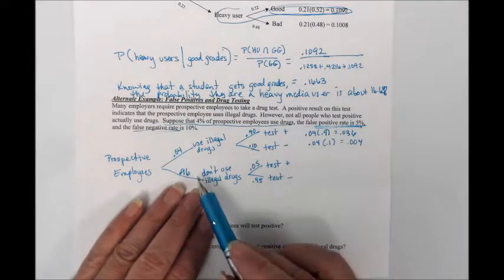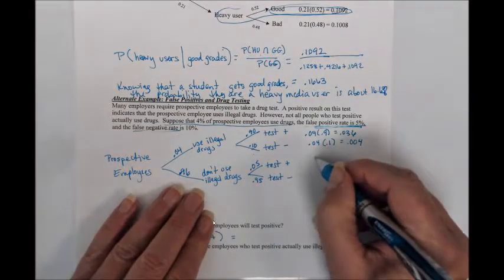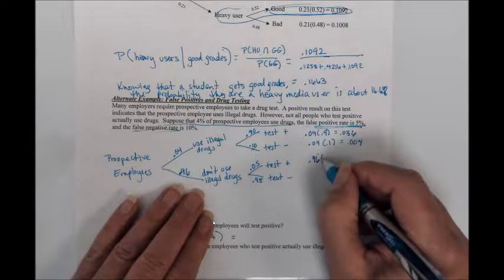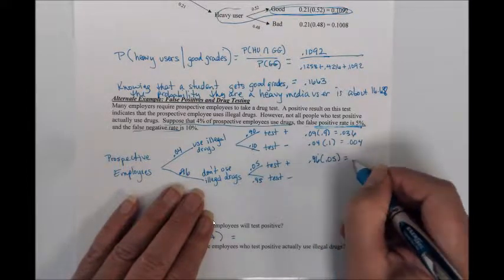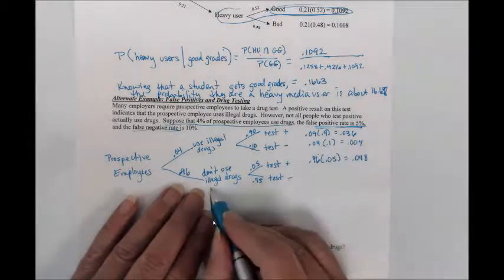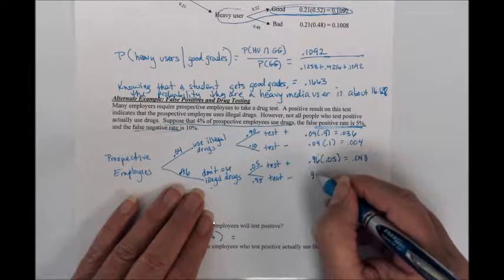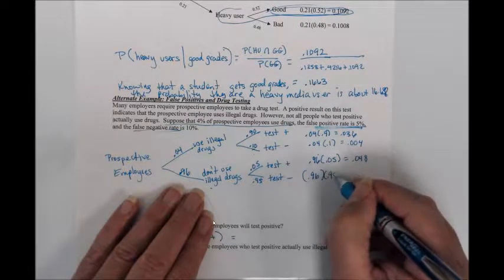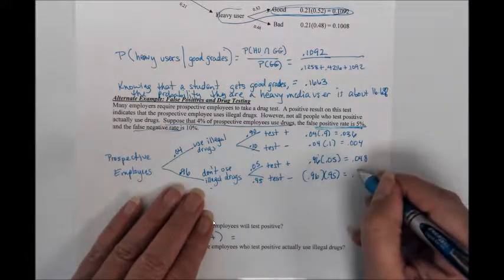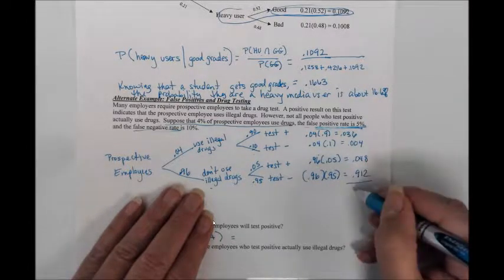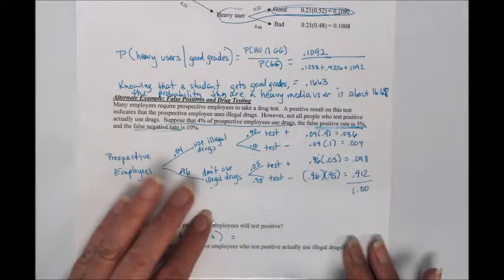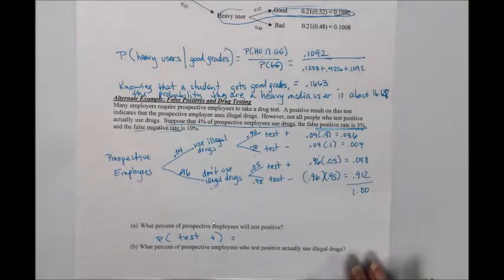So don't use and test positive. And then don't use and test negative. Again, I can verify this is a model that works because my percentages add up to one whole.